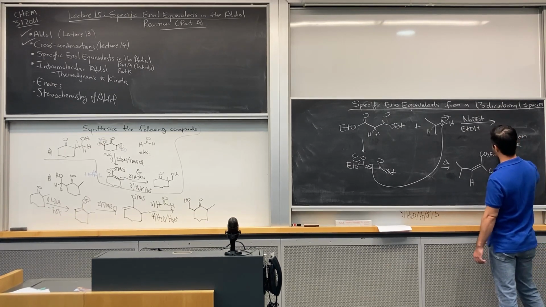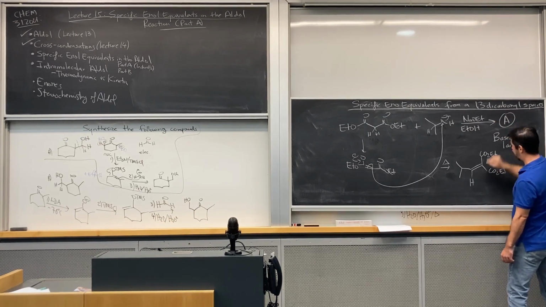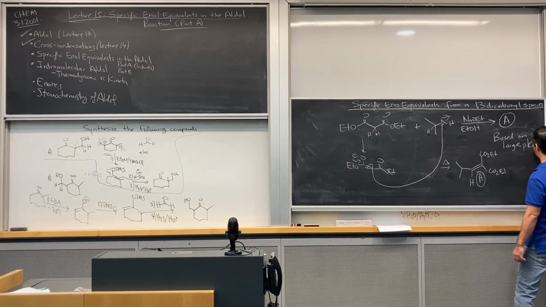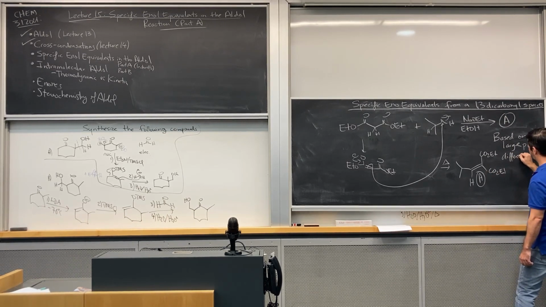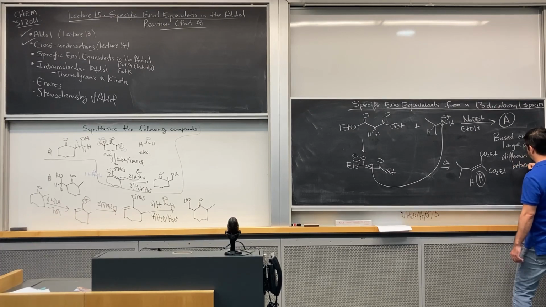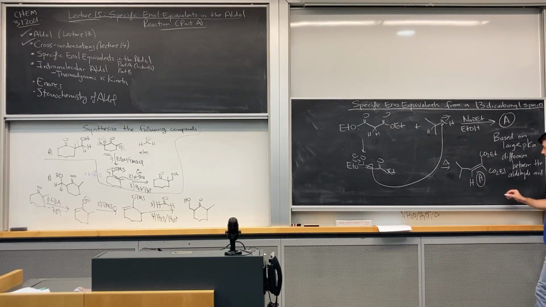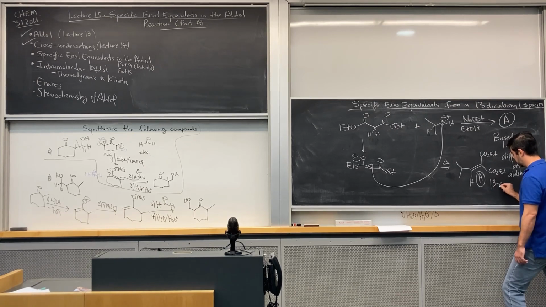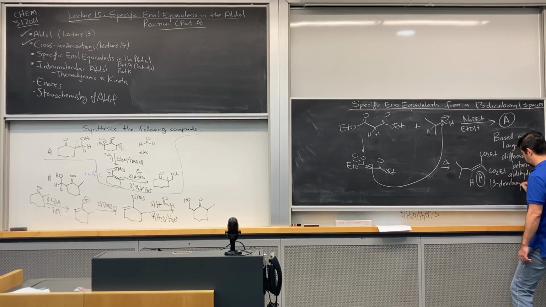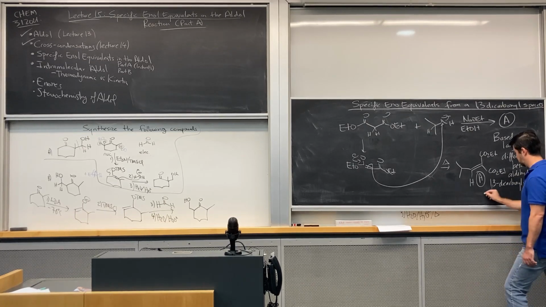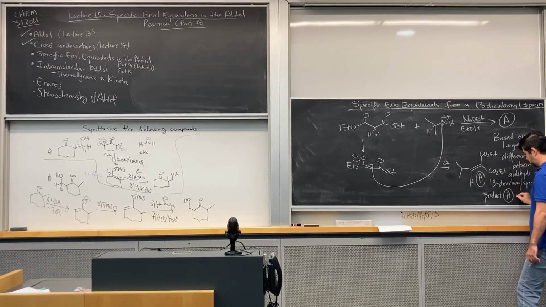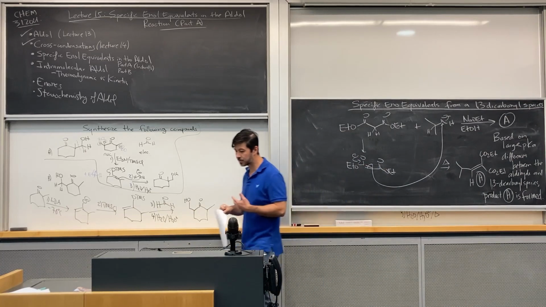Okay, so this corresponds to A, this is A, so based on large pKa differences between the aldehyde and 1,3-dicarbonyl species, product A is formed. And you can put that together in one pot.